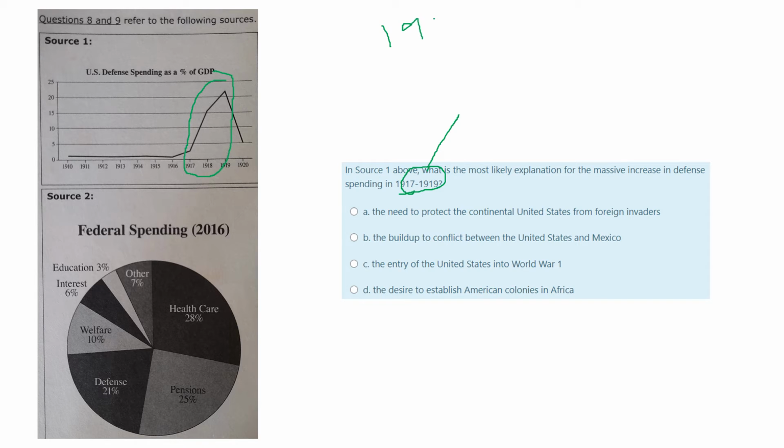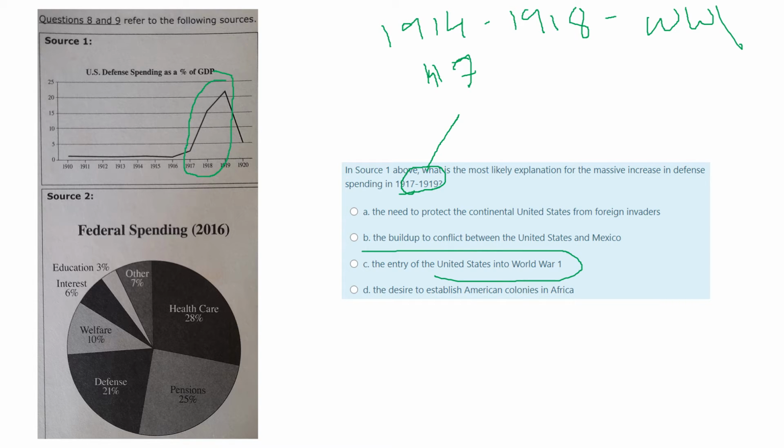Well, 1914 to 1918 was World War I. And America, a little bit late as they were, joined World War I in 1917, after Woodrow Wilson won his second election, after he promised that he would not go and fight. Yeah, well, a few months after he won the election, he decided he would go and fight. So this is about America entering into World War I.